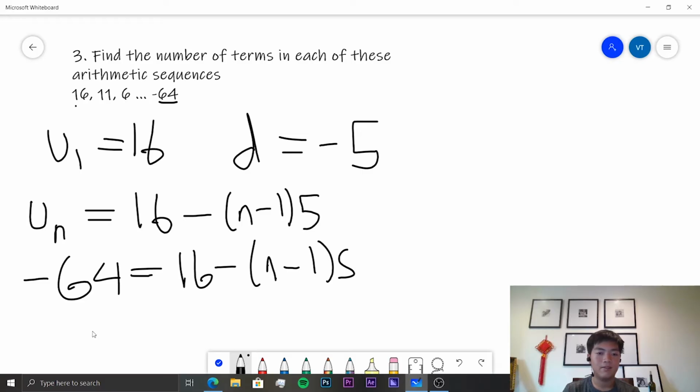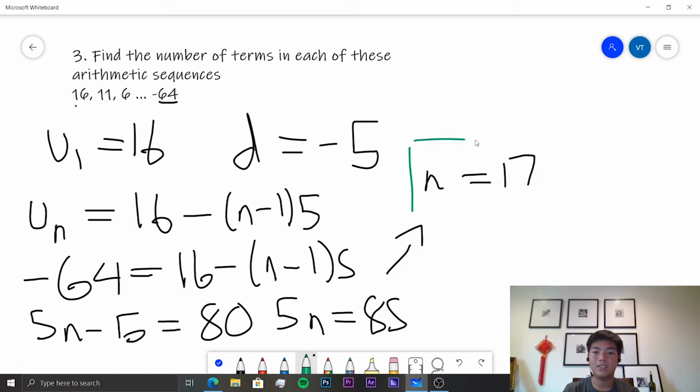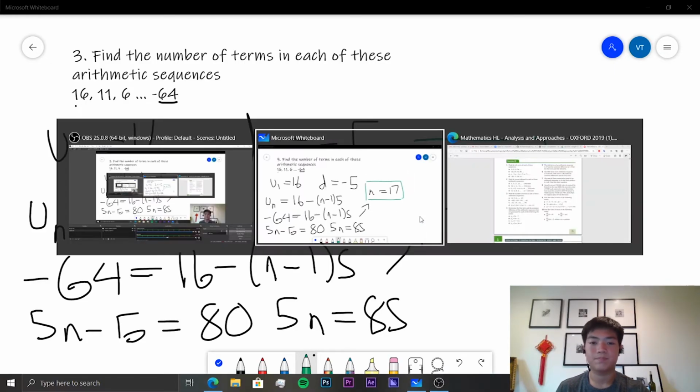So 5n minus 5 is equal to 16 plus 64, which is 80. So 5n is equal to 85, and therefore n is equal to 17. So in total, there are 17 terms in this sequence. And that should be right.